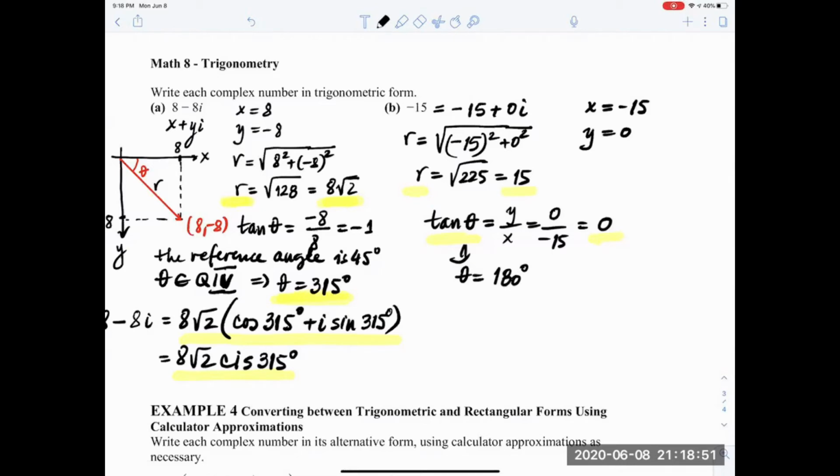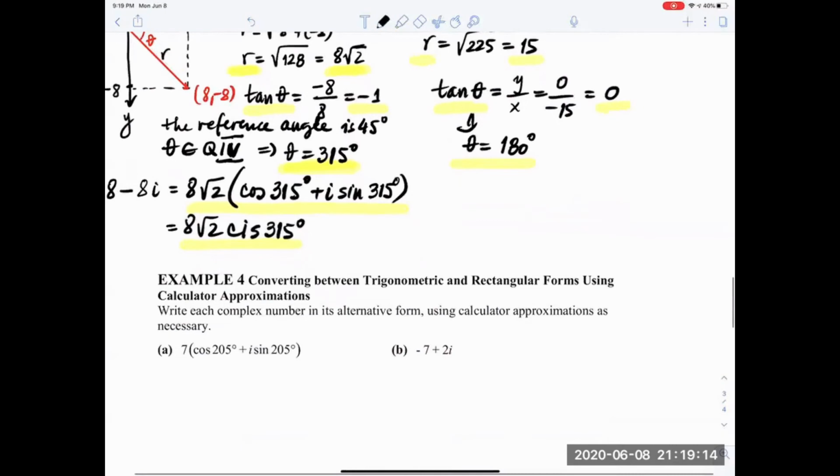It's kind of like how I looked here and I said tangent of theta is negative 1. You can actually use the inverse tangent, right, to find that theta. And you can say theta is arctangent or tangent minus 1 of whatever value you got. Then you put that in a calculator and you will get the angle in degrees, assuming that your calculator is set in degrees.